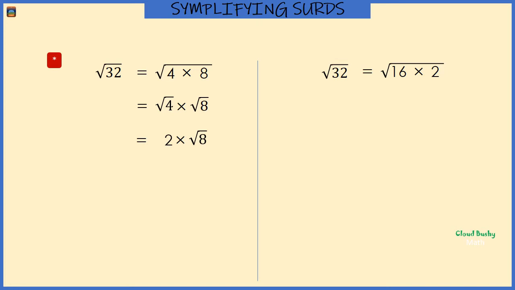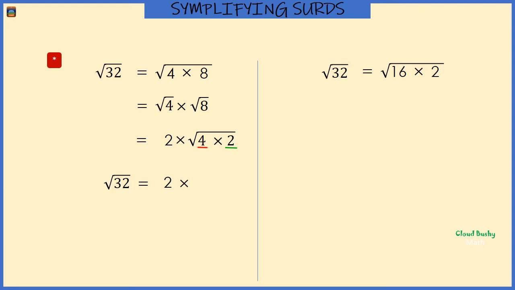But we can simplify root 8 to the square root of 4 times 2. So we have root 32 is equal to, let's check down this, 2 times the square root of 4 times 2.